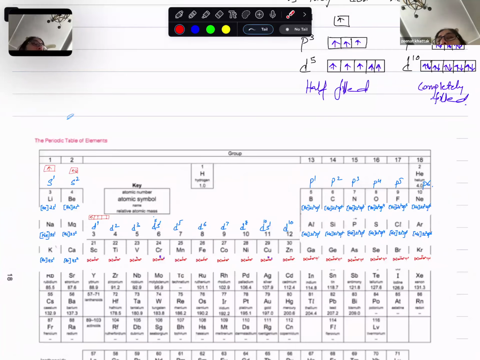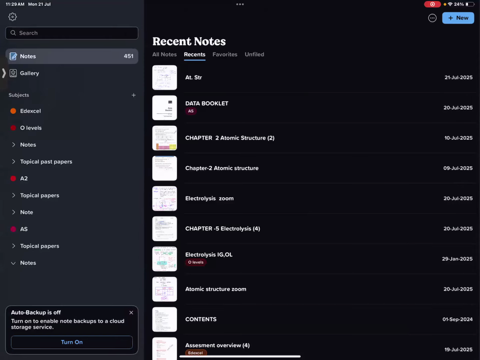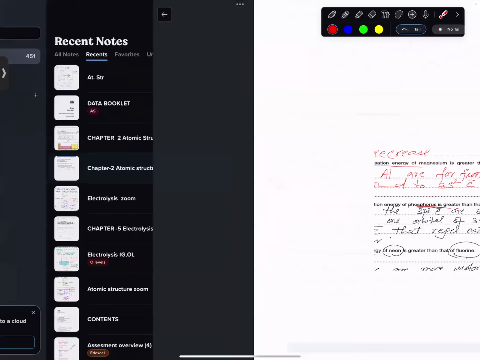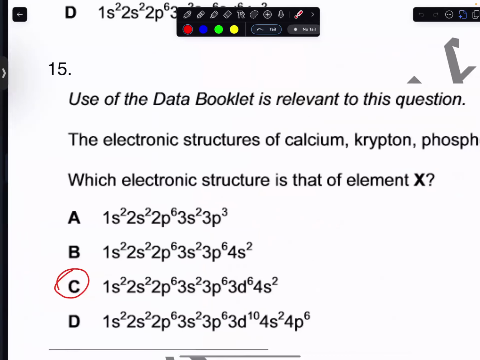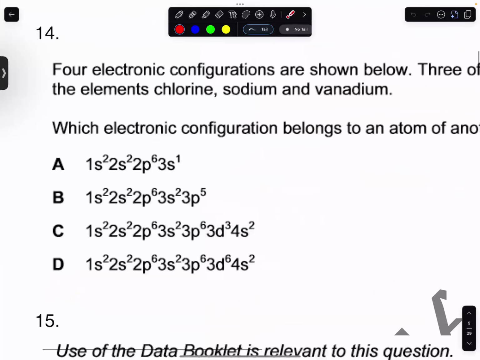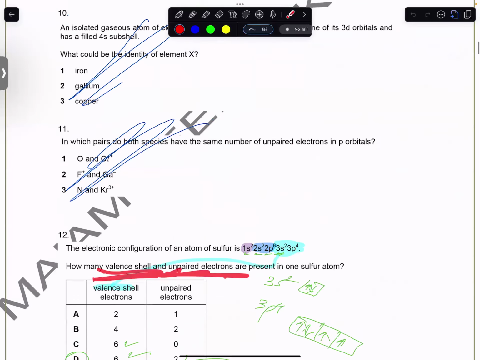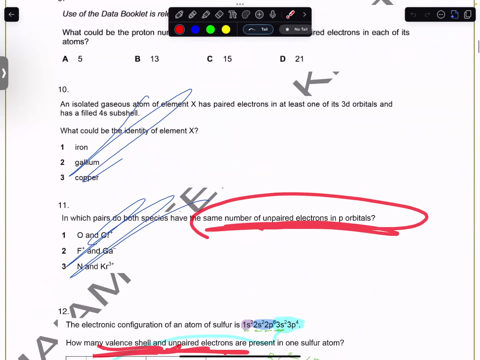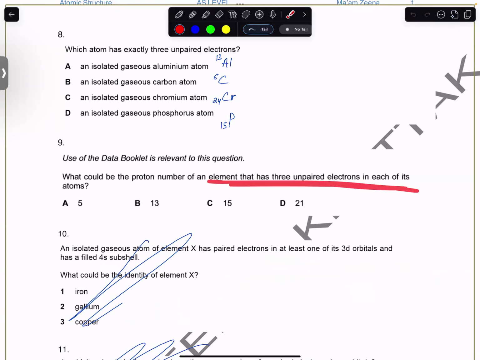Like why I'm telling you this, if you go to questions, look at this. Look, there are so many questions about paired and unpaired electrons, unpaired p orbitals, and you must know how to count the unpaired electrons.